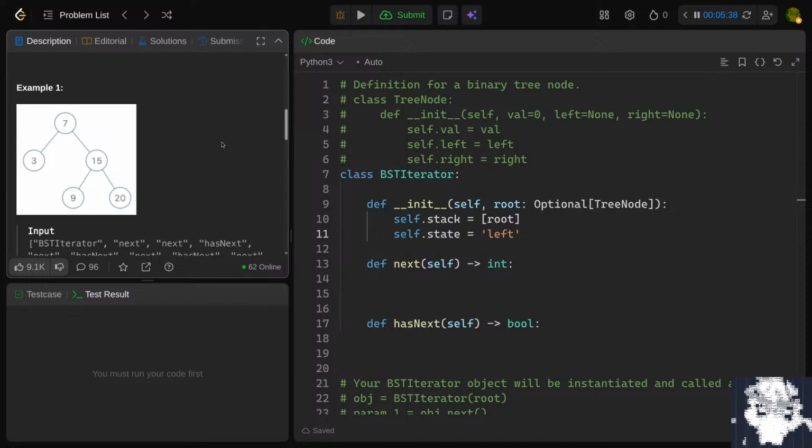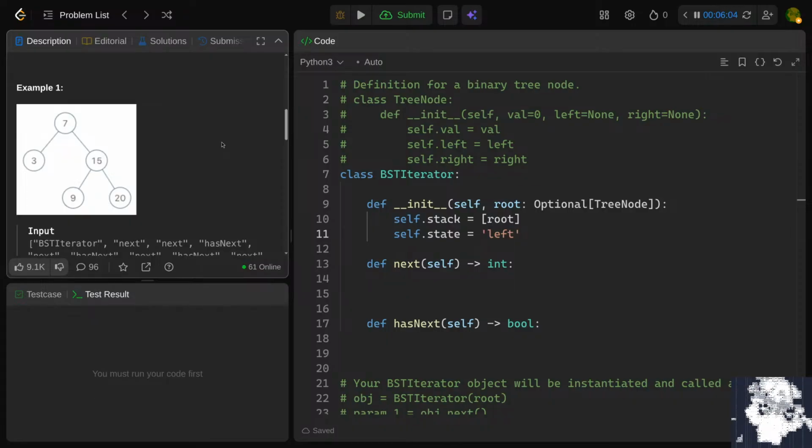So when we initialize the tree, how do I say this? Actually, I'm not sure how simple this is. I was going to say every time we want to go left, we go all the way left.